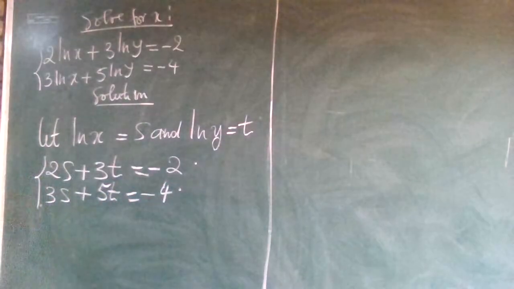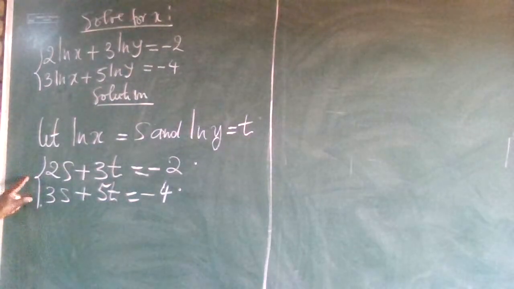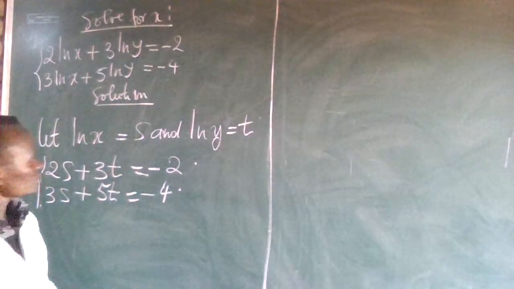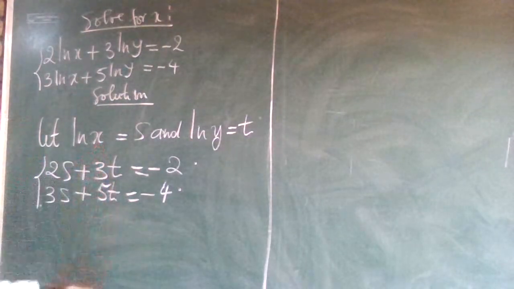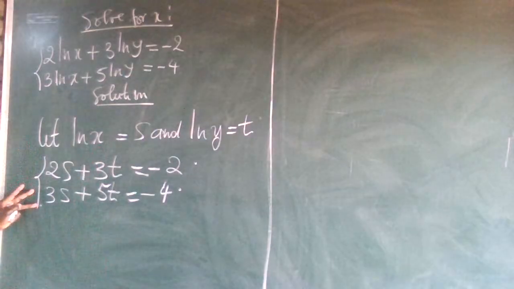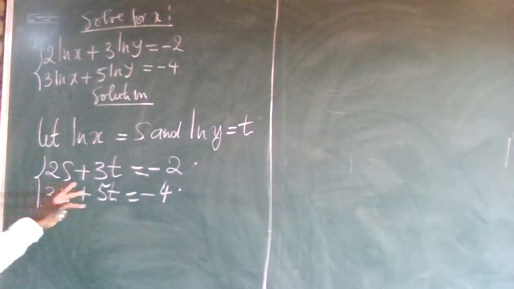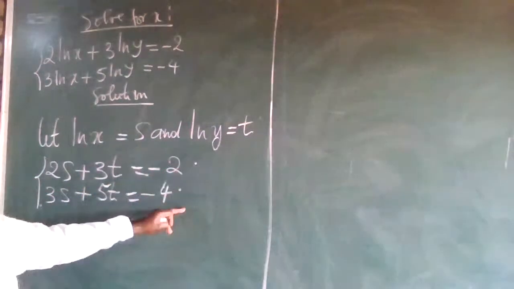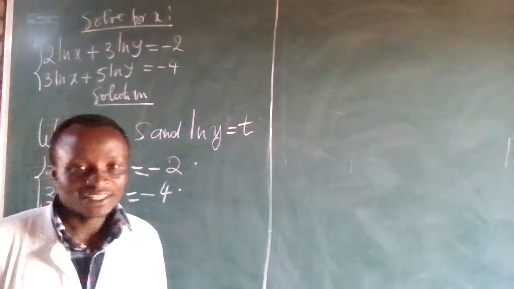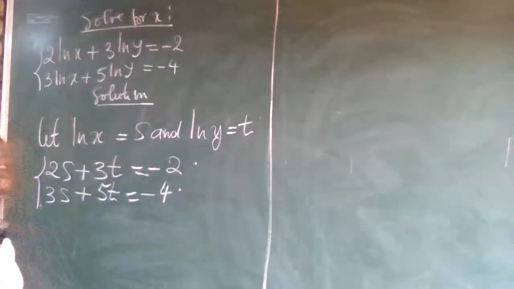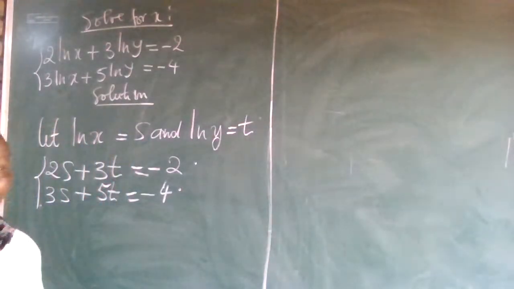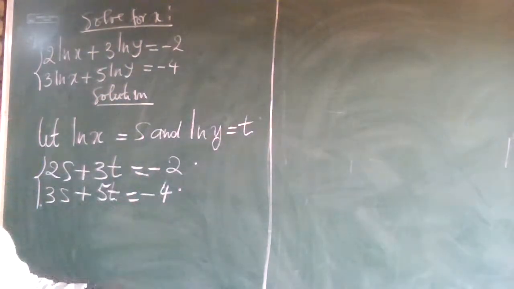You put this bracket, which means it is a simultaneous equation. Now, in this kind of simultaneous equation, it is better to use the elimination method. Remember, last time, 3 months ago, we saw how to solve simultaneous equations.